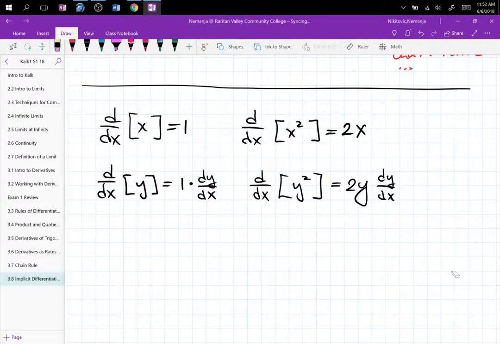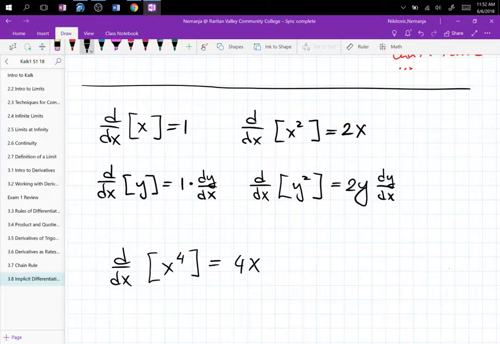Now, for those of you who want to really dig into this stuff, note that when you are taking the derivative of, let's say, x to the 4th power, you get 4x to the 3, and then you can put dx dx. Because you can say, I took the derivative of x with respect to x.